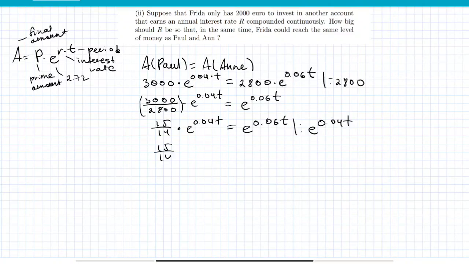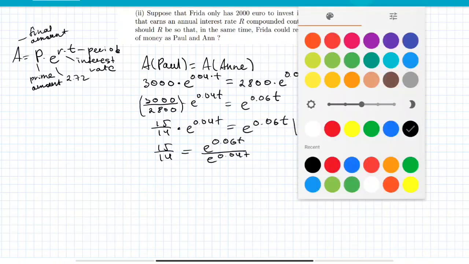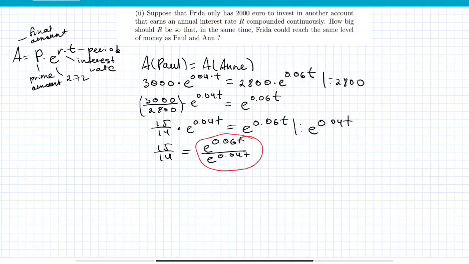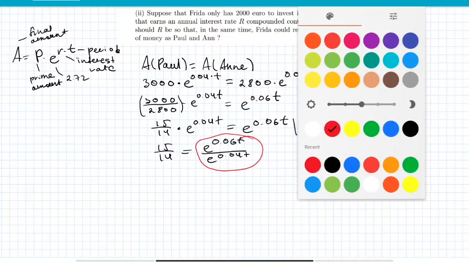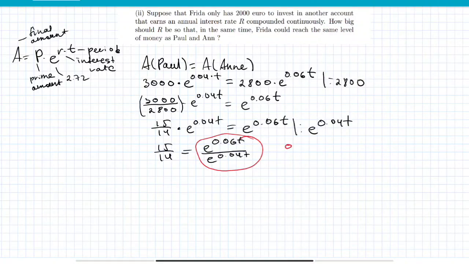Here we're going to have just the fraction 15 over 14 equal to e to the power of 6%t divided by e to the power of 4%t. If you know the properties of powers, when the base is the same and you divide them, the powers are just subtracted. So it's basically 0.06t minus 0.04t, so one exponential.